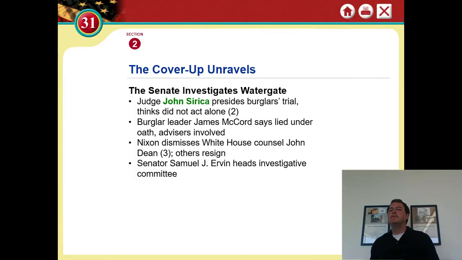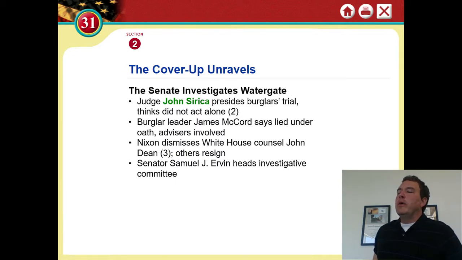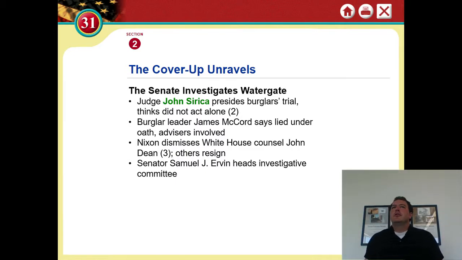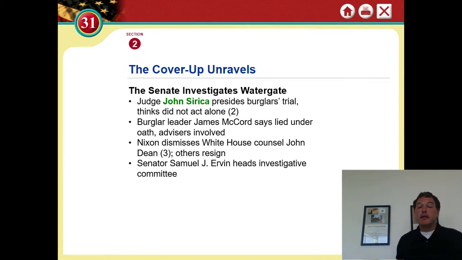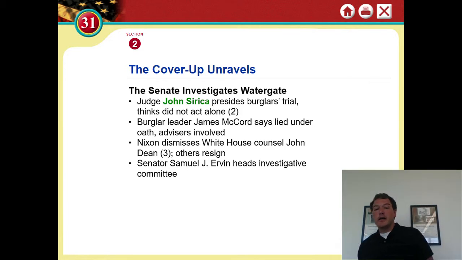So this went to trial. When a president is charged with a crime, it goes before a House Judiciary Committee. And the committee decides if it goes to trial. Well, it's gone to trial, so the Senate is investigating. The presiding judge was John Sirica, and he felt that the burglars were not acting alone.